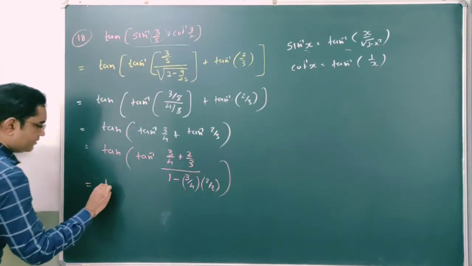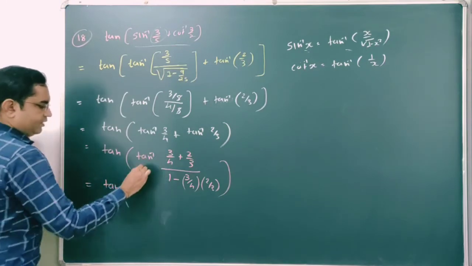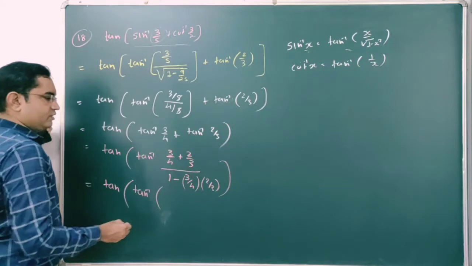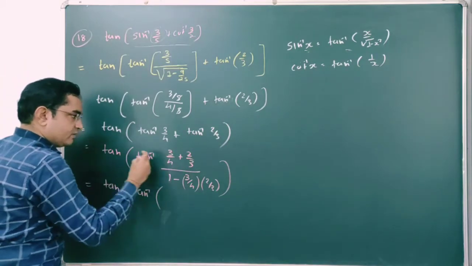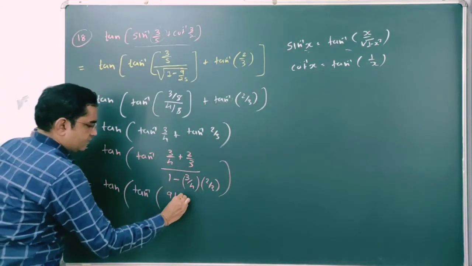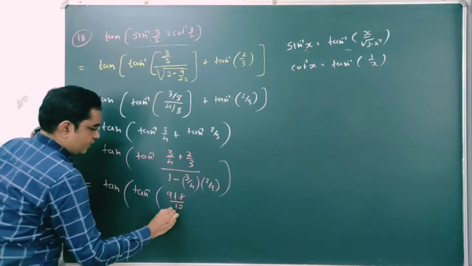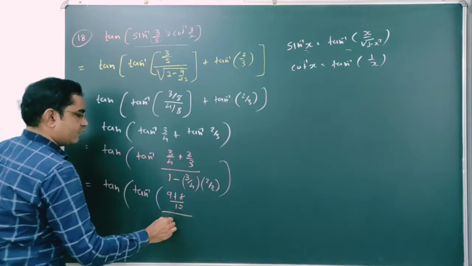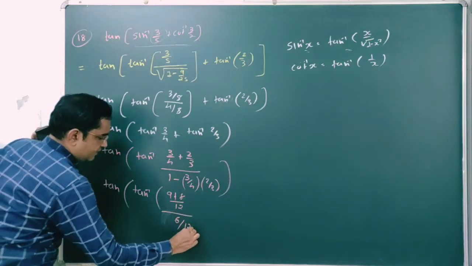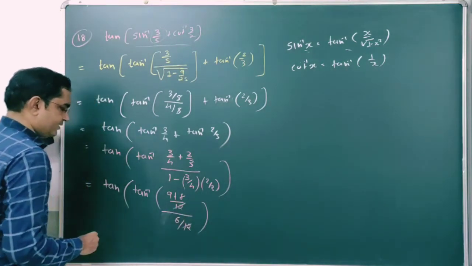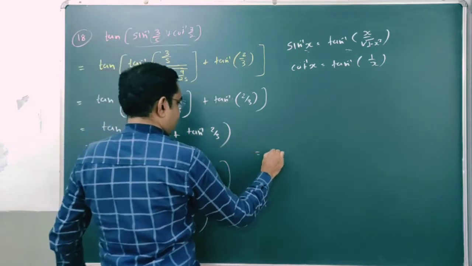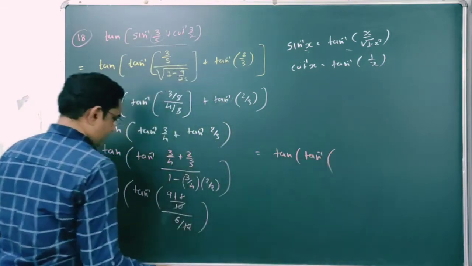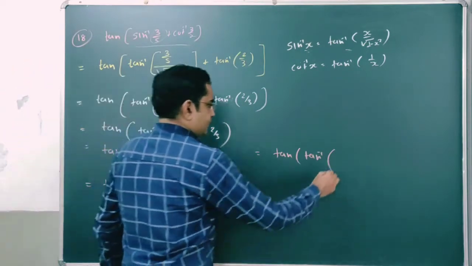So simplify this one: tan inverse, simplification of this one. Take 12 as LCM, so it's 9 plus 8 upon 12, whole divided by 12 minus 6. 4 threes are 12, minus 6, so it's 6 by 12. 12 cancels, so this one is tan inverse of 9 plus 8, 17 by 6.